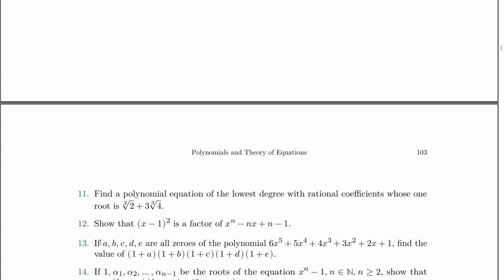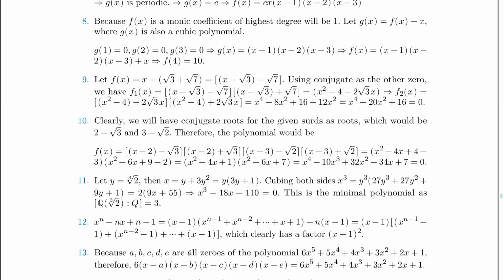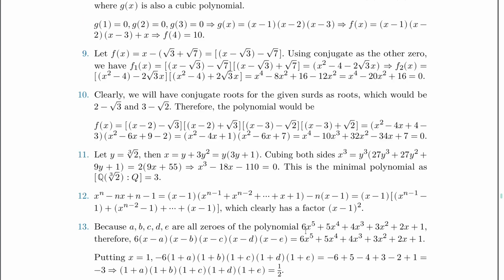Question 13 says that if a, b, c, d, e are all zeros of the polynomial 6x to the power 5 minus 5x to the power 4 minus 4x cubed plus 3x square plus 2x plus 1, find the value of 1 plus a into 1 plus b into 1 plus c into 1 plus d into 1 plus e. So because a, b, c, d, e are all zeros of the polynomial, we have 6 into x minus a into x minus b into x minus c into x minus d into x minus e is equal to the polynomial.